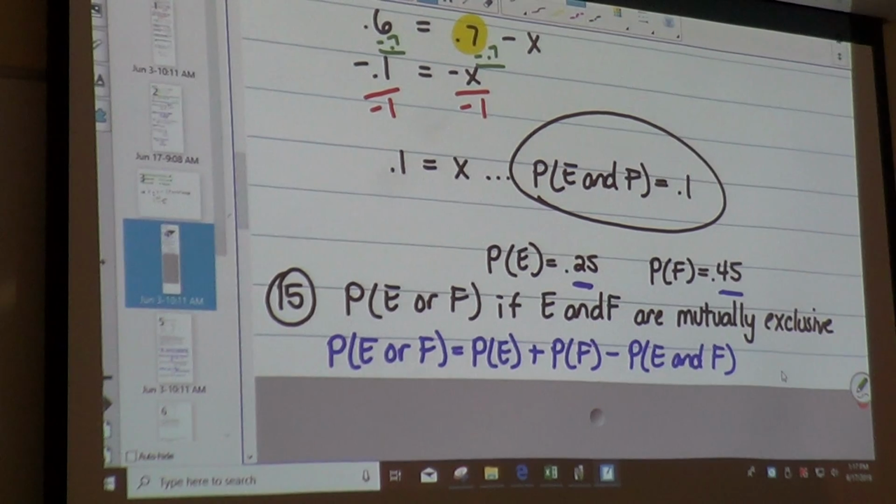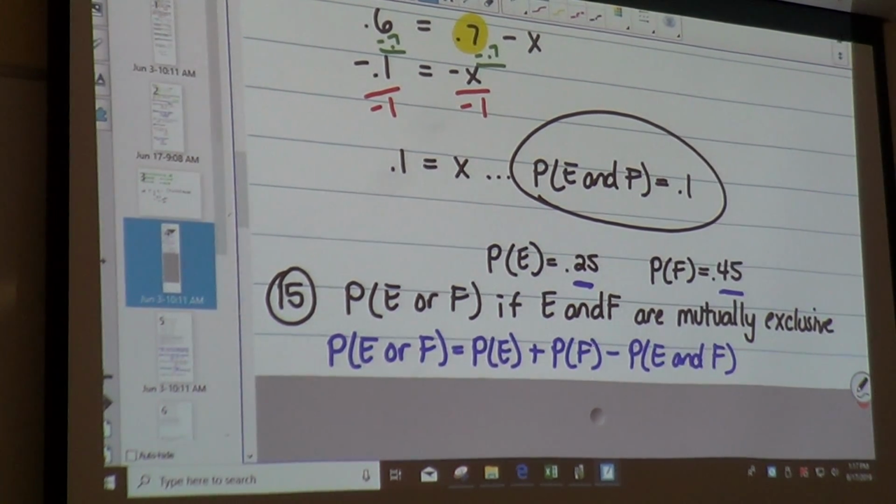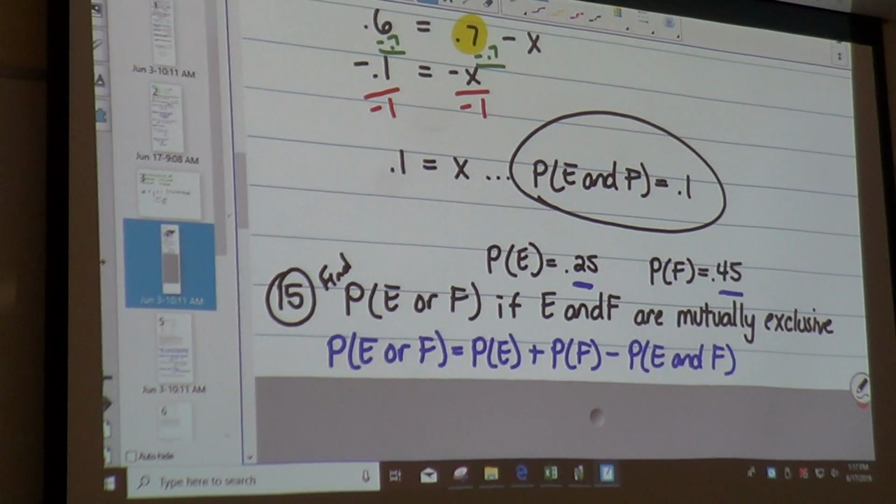You're finding P, the probability of E or F. It should be easy if you know what mutually exclusive means.